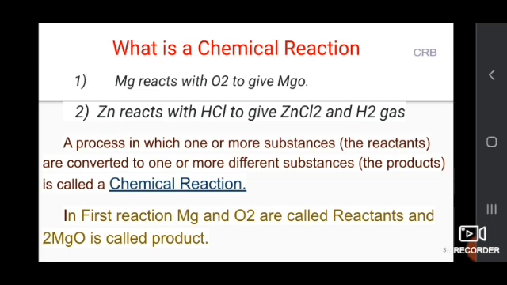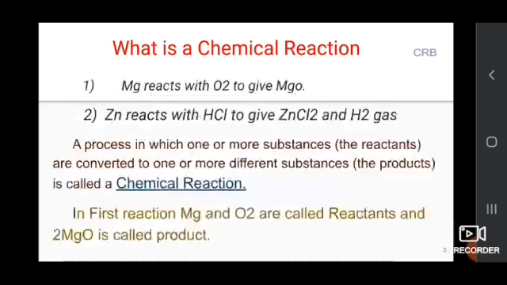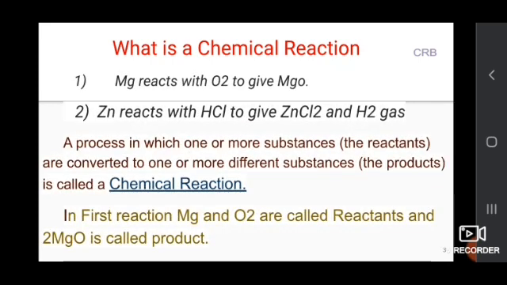So we can define a chemical reaction as a process in which one or more substances are converted to one or more different substances.